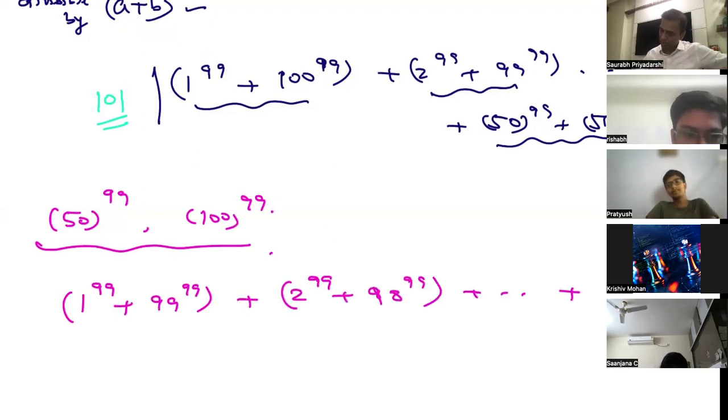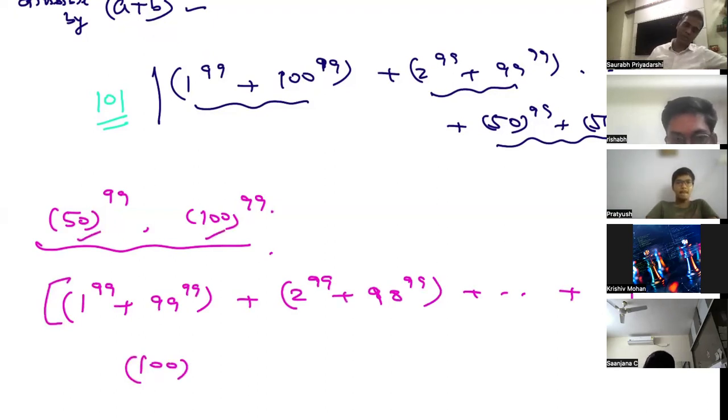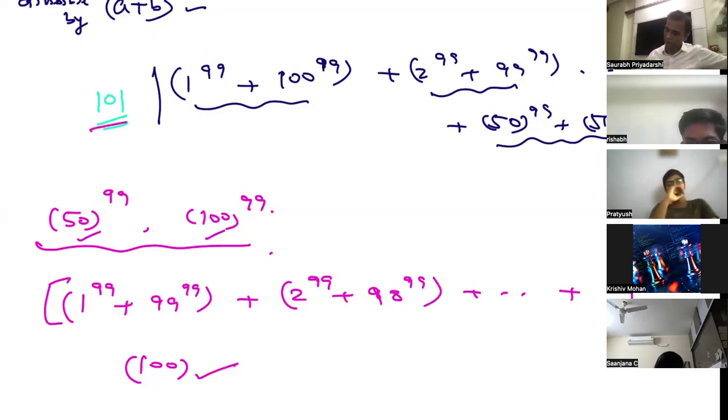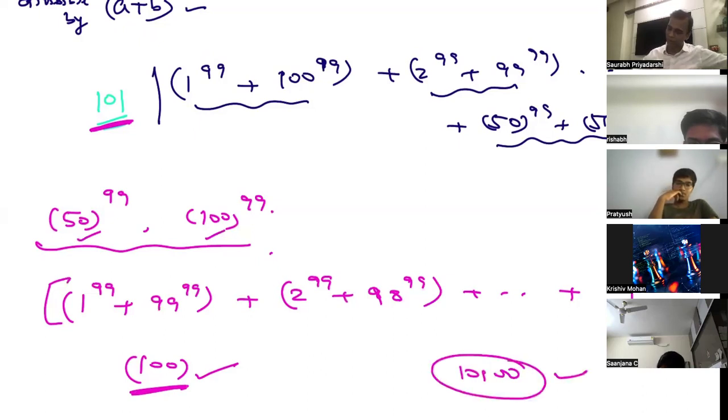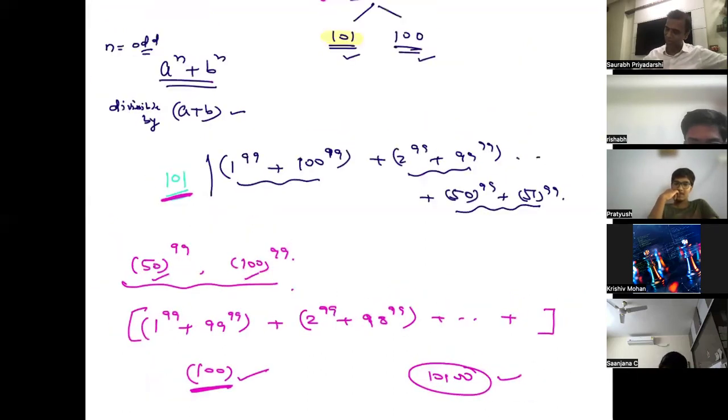All these numbers will be divisible by 100, as they all have factor 100. And these two are always divisible by 100 because 50 to the power 99 has at least 99 zeros and 100 to the power 99 has 198 zeros. So 101 and 100 are both co-prime and the number is divisible by 101 as well as 100. So I can say this is divisible by 10100. I guess everyone is understanding this.